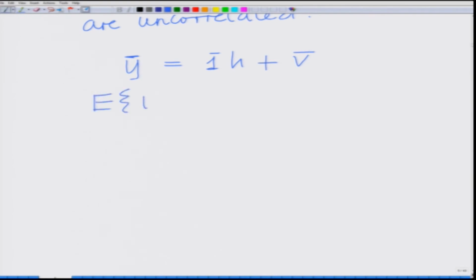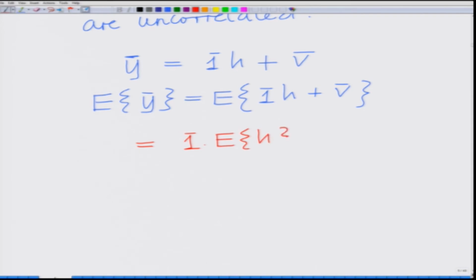Let us now proceed towards estimation. I can calculate the expected value of y bar as the expected value of 1 bar h plus v bar, which is equal to, of course, 1 bar is a constant, 1 bar times the expected value of the parameter h plus the expected value of v bar.